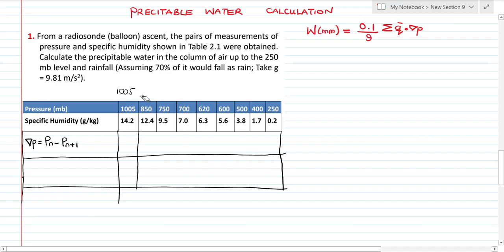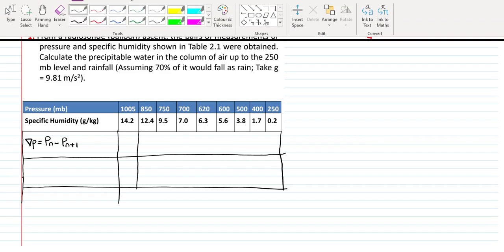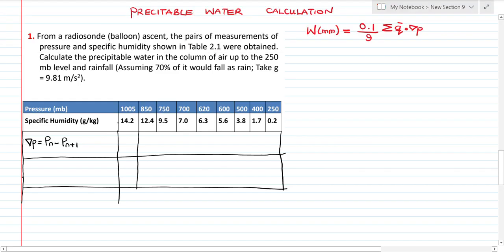That's my Pn minus Pn plus 1. Do you understand what we are doing here? So it is the first minus the immediate, and that is how it's done.